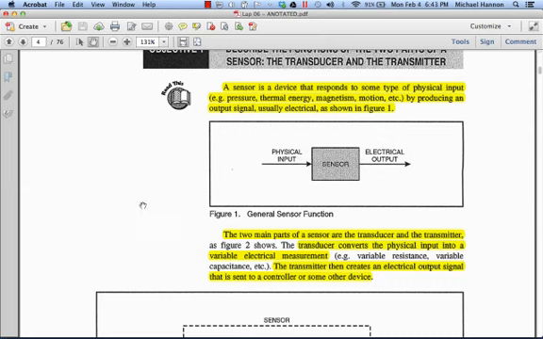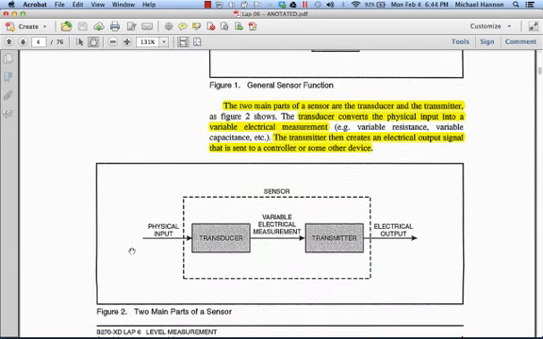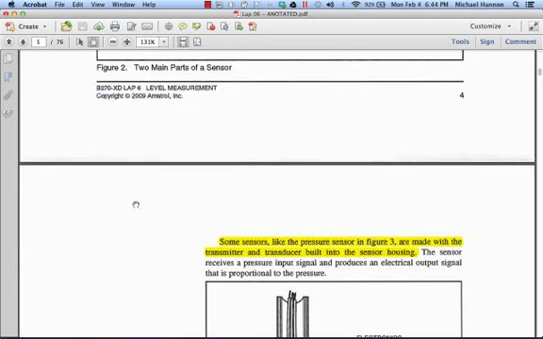Now, the transducer is obviously the one that converts from one type of physical input out to another, which is electrical output. And then the transmitter is that which actually creates electrical output and sends it to the controller. In our case, on our lab equipment, the transducer and the transmitter are the exact same device incorporated in the same box. So we don't have to have two pieces.